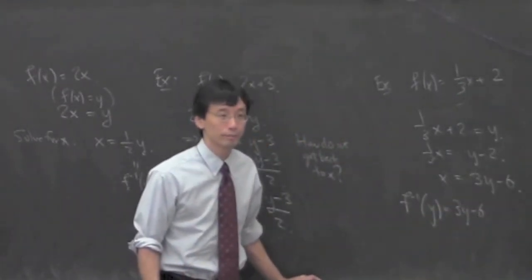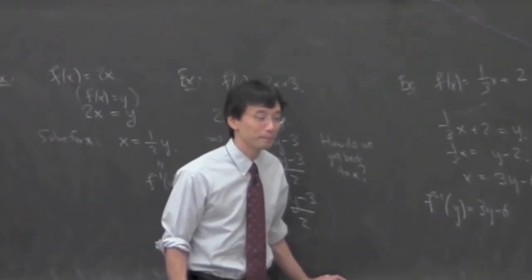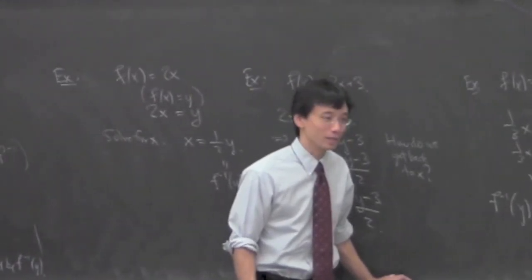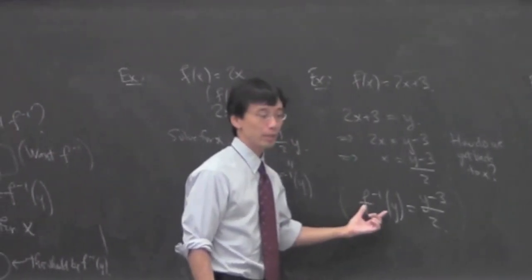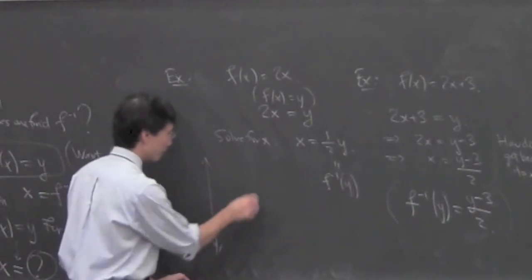Lauren: When I was in high school, we switched the x and y. Is that the same? It's the same thing, but I think it actually makes more sense to keep it this way.